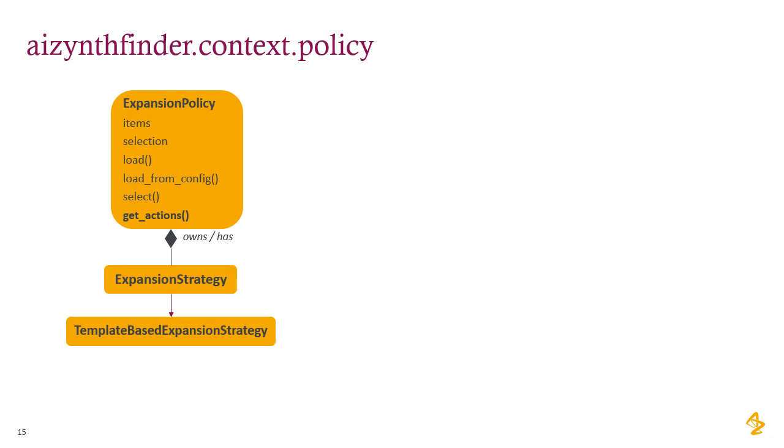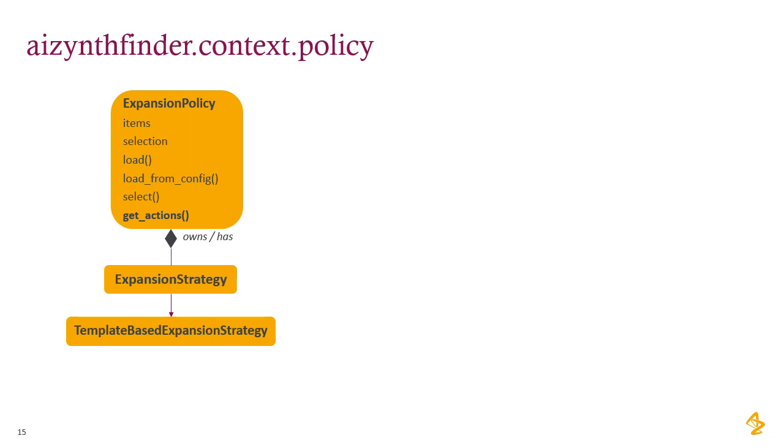And the one implemented currently in AiZynthFinder is called a template-based expansion strategy. So this uses a Keras-based neural network model that I talked about at the very beginning of this talk to prioritize templates and give templates or retroreactions based on those templates.